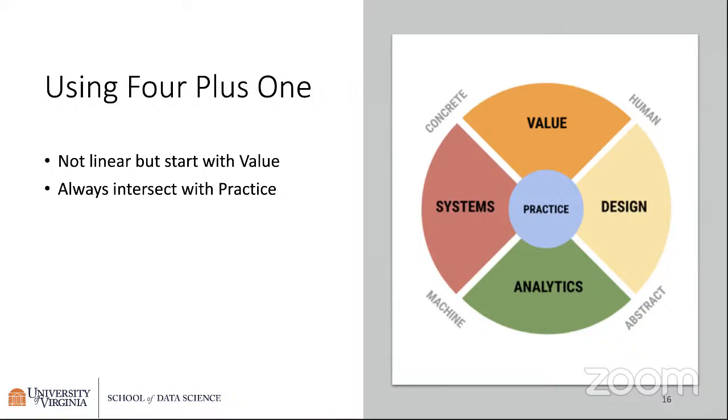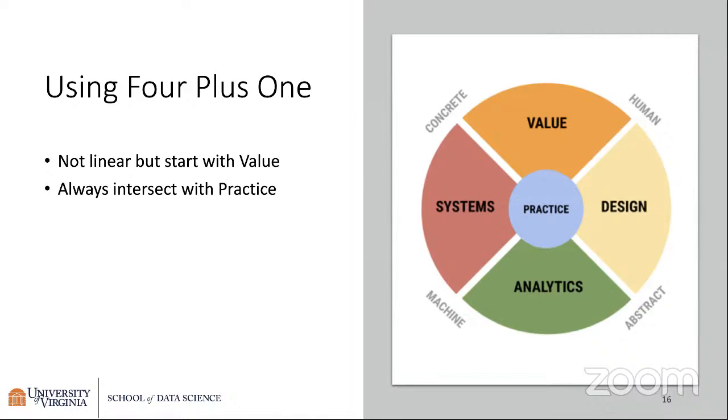This is an intersection with practice, and this intersection with practice means that you have to think about that what you discover in that value component as it impacts on the question you have in the practical area carries through in everything you do. And you're constantly working with people who are experts in the domain to understand the data science piece as you go through it.